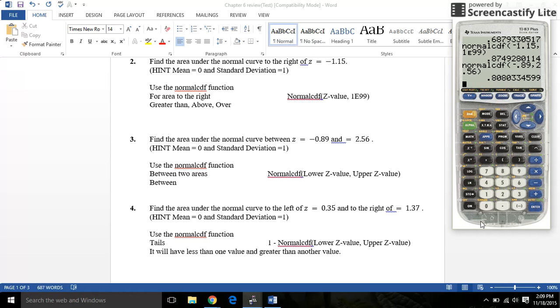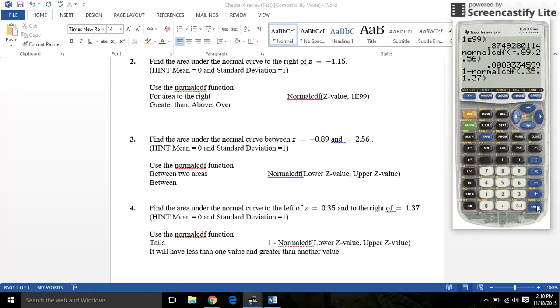If you have the TI-84 calculator, it's going to be tougher to do this, so I suggest you solve for the between area and then subtract the whole thing from 1. If you have a TI-83, you can do this. I'm going to do 1 minus second, bars, normal CDF, and then I'm going to put my 0.35, comma, 1.37.